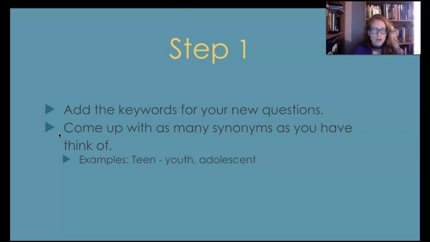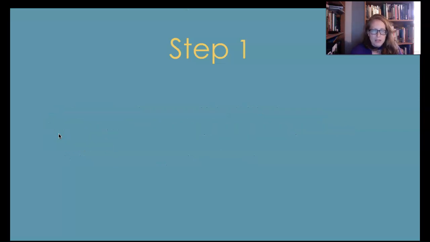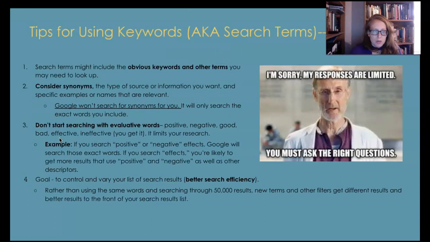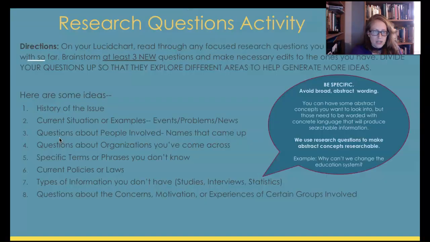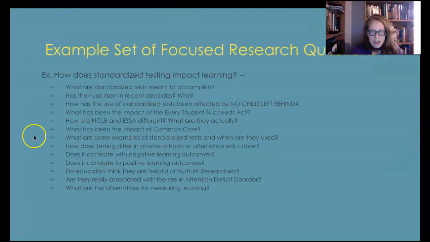I'm actually going to go back a little bit here so I can show you what I mean. If you're looking at these questions that I showed you earlier, I'm talking about looking at standardized testing and No Child Left Behind. And instead of looking at this question up here, I'm talking about looking at this one and putting, okay, standardized test, No Child Left Behind.